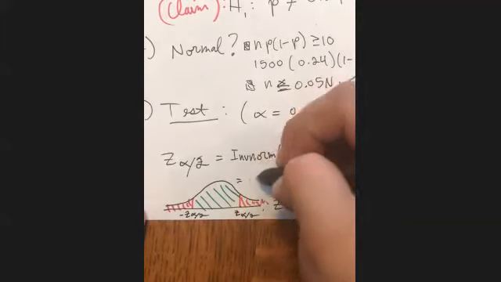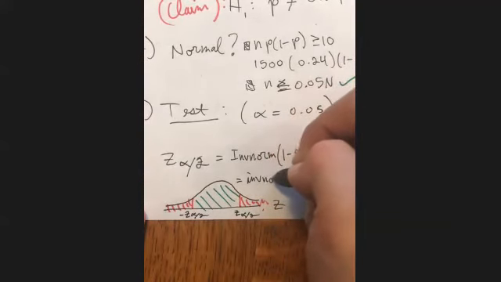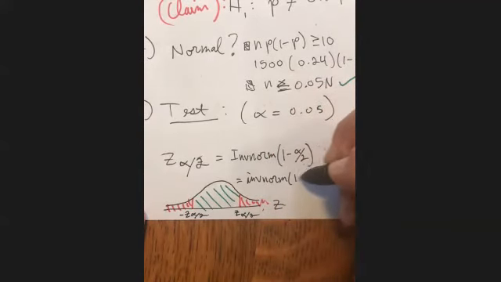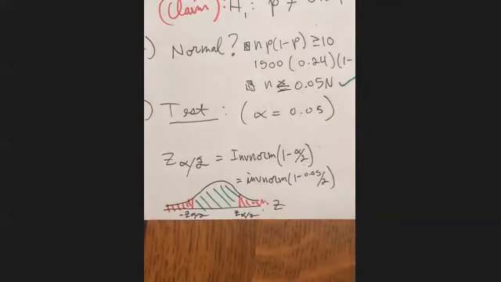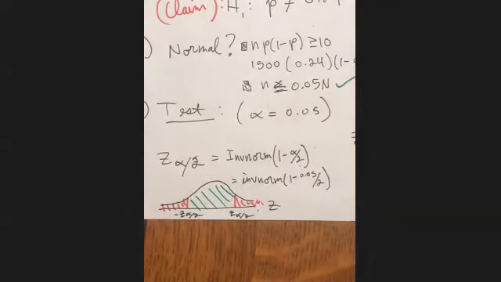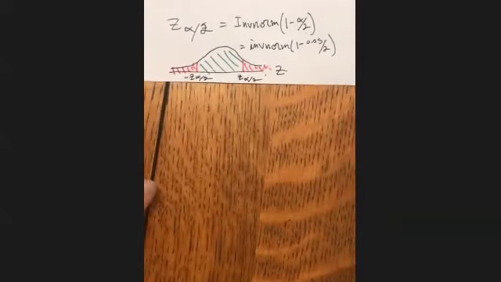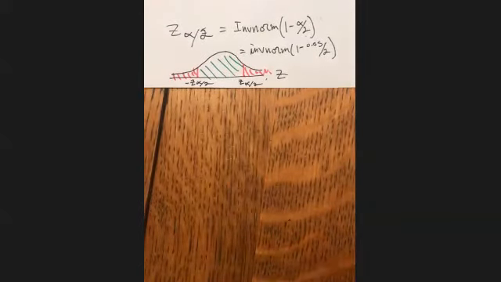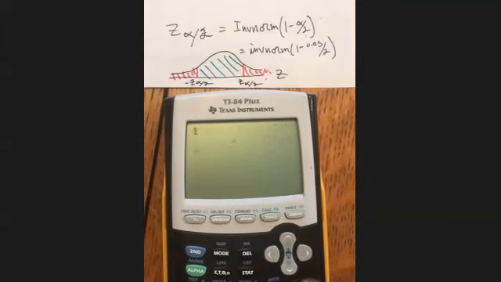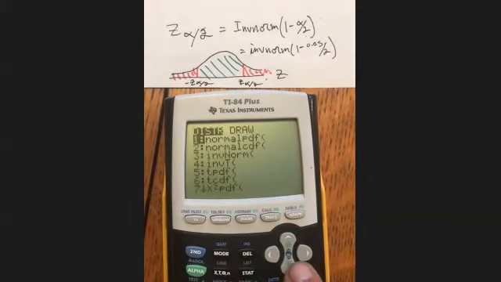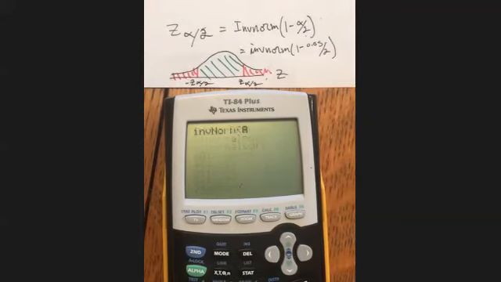So for us, that's inverse norm of 1 minus 0.05 divided by 2.